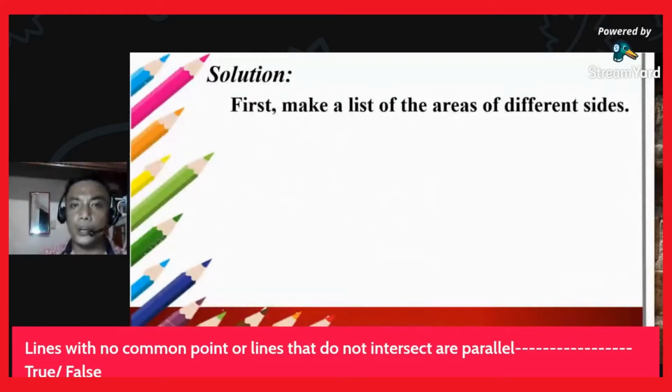The first thing we're going to do is to make a list of the areas of different sizes.